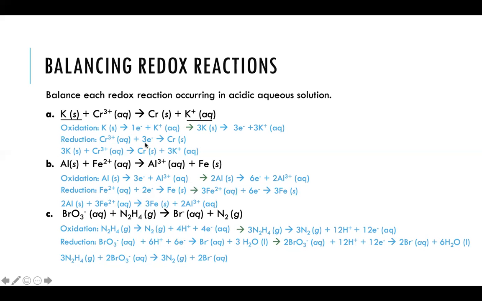Well, you have 3 electrons in this one and only 1 electron here. So you have to multiply everything in this reaction by 3 in order to cancel out the electrons from this side to the electrons on this side. So your balanced equation is 3K plus Cr3 plus yields Cr solid plus 3K positive. Are there any questions about that?